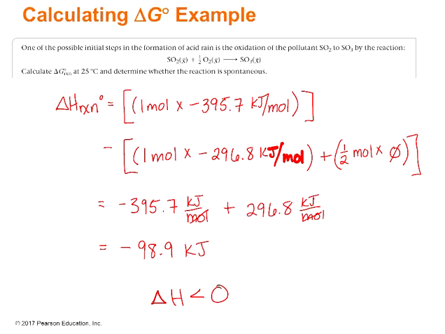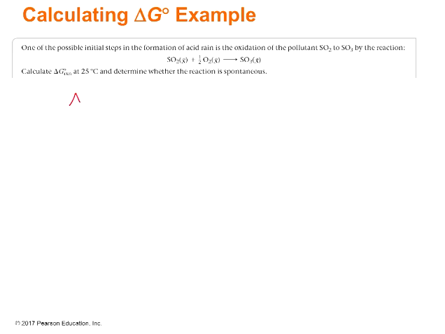Okay, so now the next thing to calculate is the entropy of the reaction. All right, so delta S of the reaction is equal to, let's start with the products. So again, we have 1 mole of our product, and its standard entropy value is 248.2 joules per mole Kelvin.